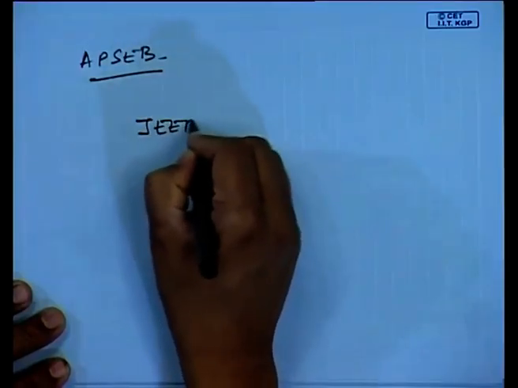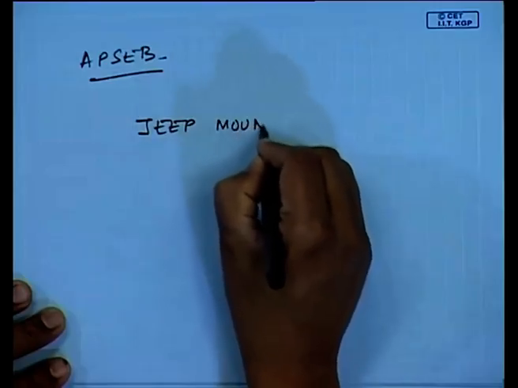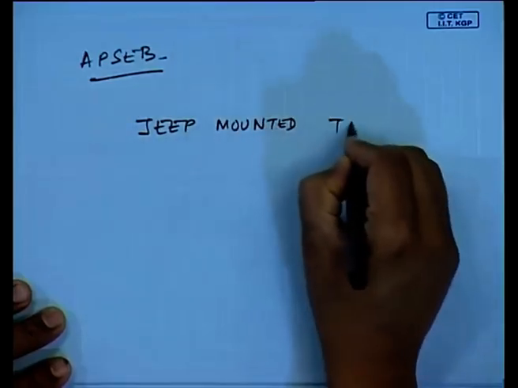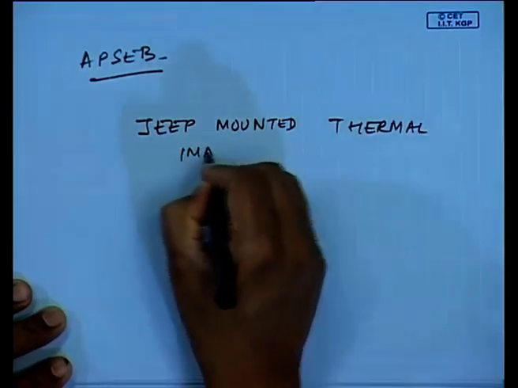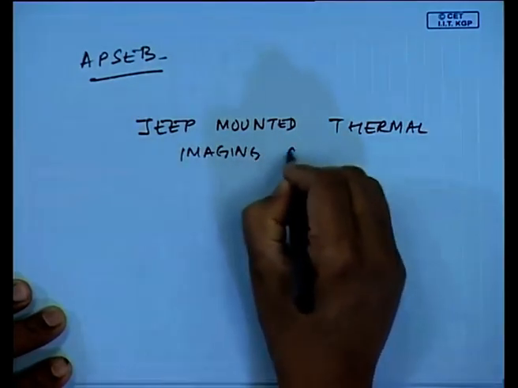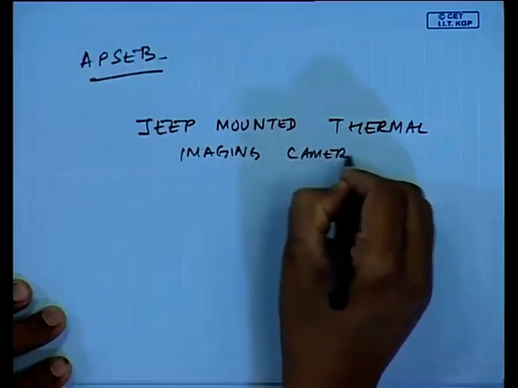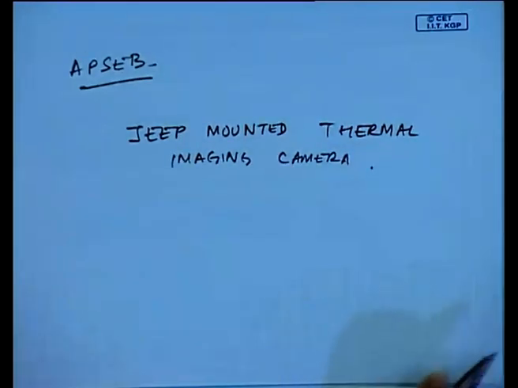Obviously, if it is a high voltage power generation, I cannot physically climb up the tower and check with a measurement. What they did was they had a Jeep mounted thermal imaging camera to shoot at the switch gear and find out the hot spots.